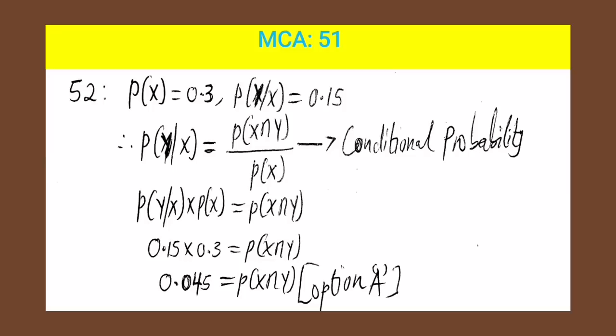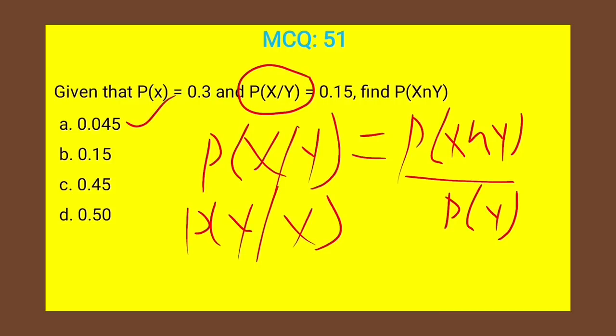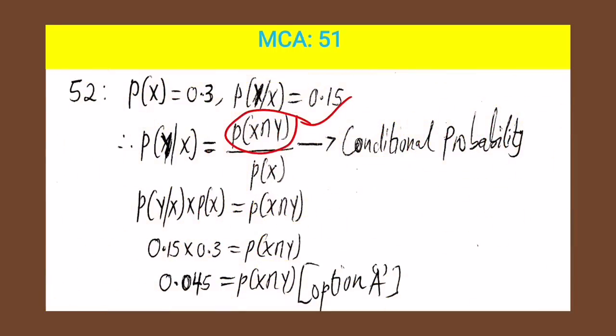So here is Y. So Y given X is going to be the probability of X intersection Y over the probability of X. So we want to solve for the probability of X intersection Y. When you manipulate the result, you should be able to get the probability of X intersection Y, and that will give you 0.045. So that's option A. And I've said that this is a conditional probability.